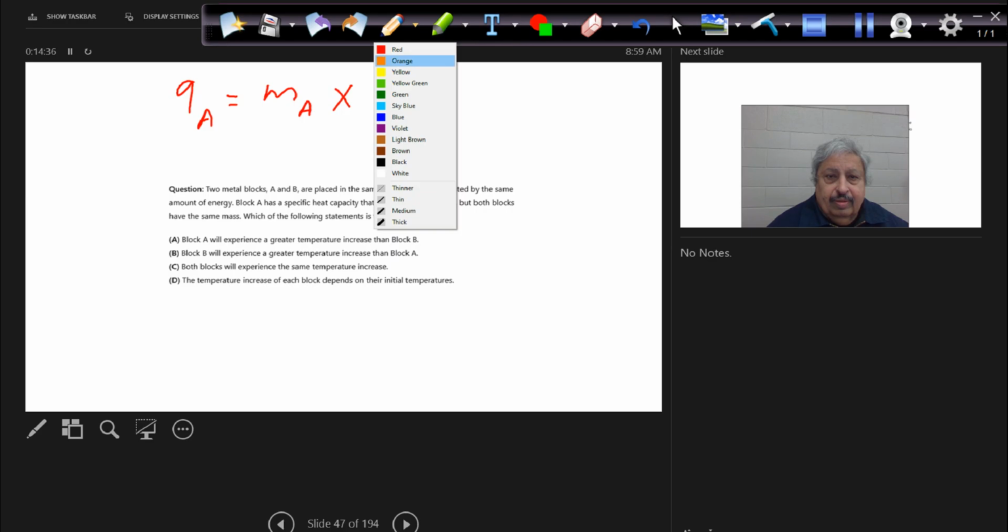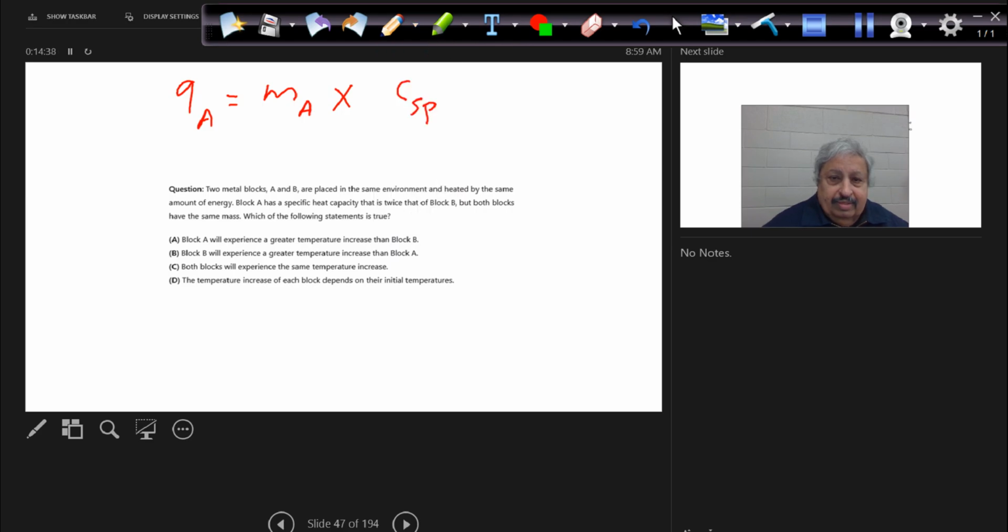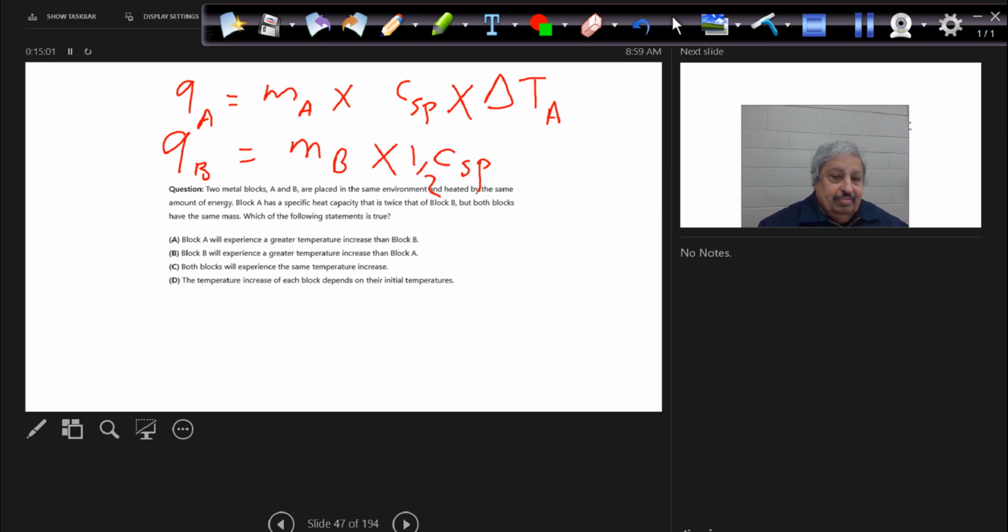Okay, and multiplied by delta T. This is A. Q of B equals mass of B multiplied by specific heat, which is half the specific heat, because A is double.